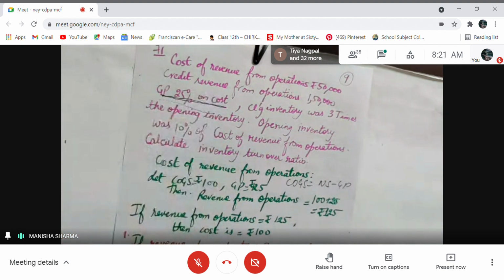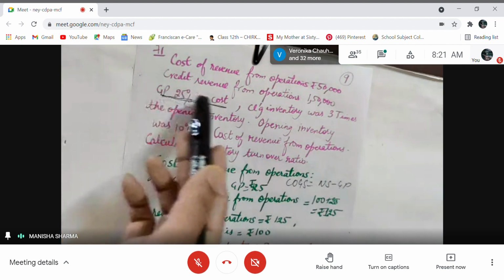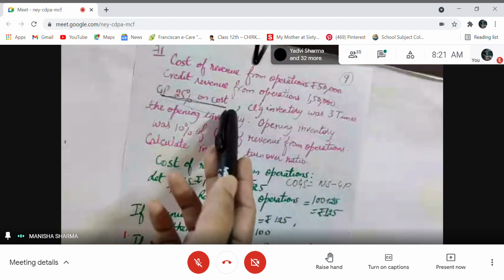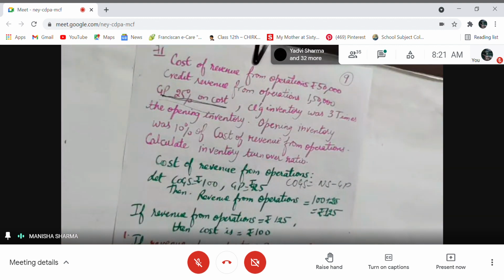As I told you, if you remember, GP can be on net sales or GP can be on cost. If a GP percentage, say 20% or 25%, is given on net sales, the calculation is direct: you calculate 25% of net sales. But if it is given on cost, then you have to use the unitary method, where you assume cost as 100, GP 25, then net sales would be 100 plus 25, which is 125, right?